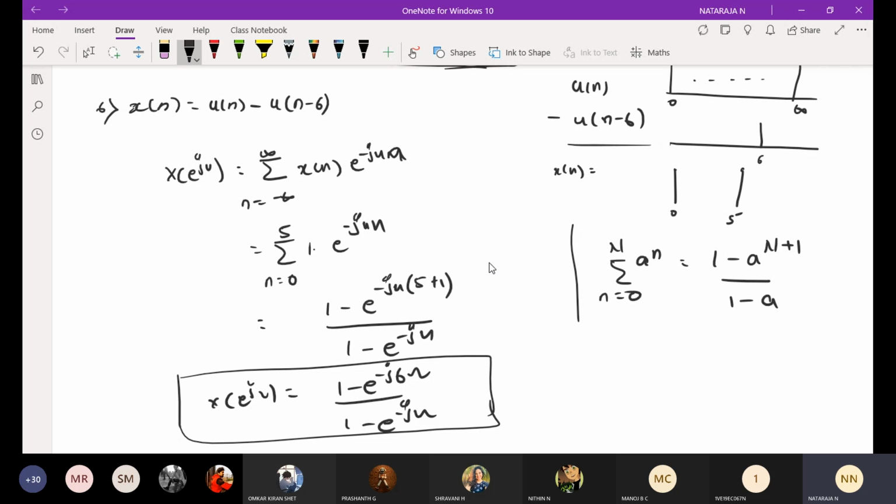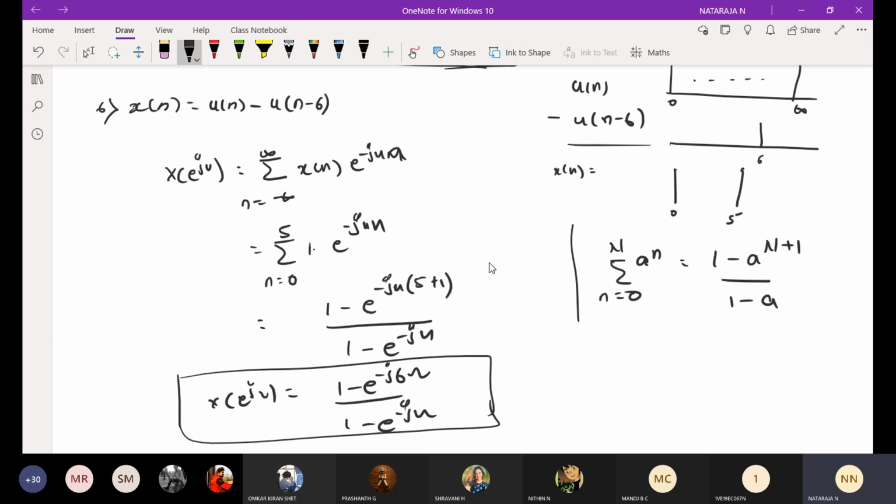See, problems are very simple, but you have to think how to find u of n minus u of n minus 6. When I am going to get the limits from 0 to 5, which formula we need to apply. If you know those things, then it will be very easy. Many times they ask problems like this for 6 marks, 8 marks.